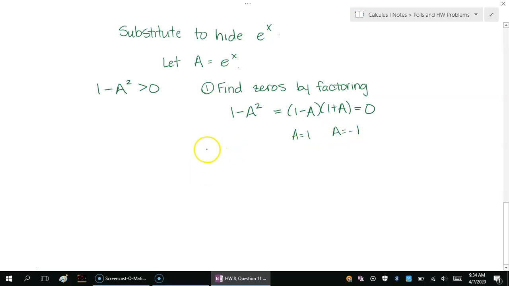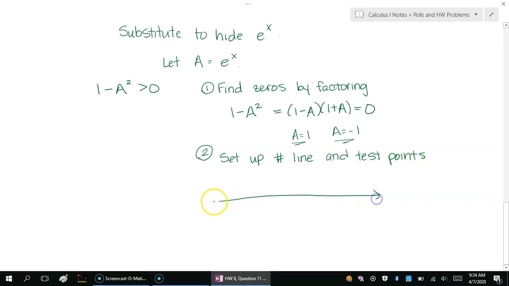For this type of inequality, then, I set up my number line, where I divide the number line at my zeros, and then I test points. So my number line will look like this.